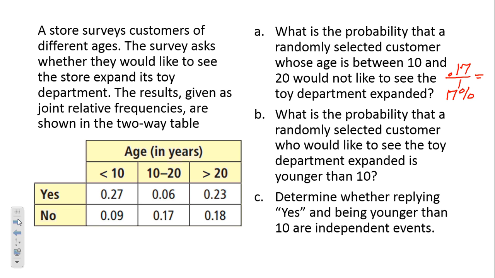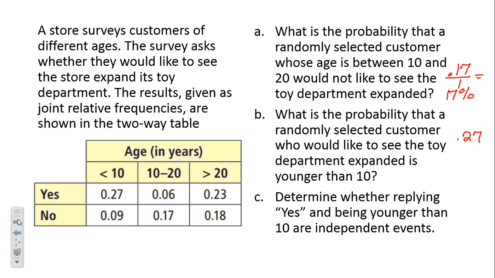Okay, now what's the probability that a randomly selected customer who would like to see the toy department expanded is younger than 10? Yeah, 27% of those kids would like to see the toy department expanded. The others didn't care or don't think it needs to be any bigger. Okay?